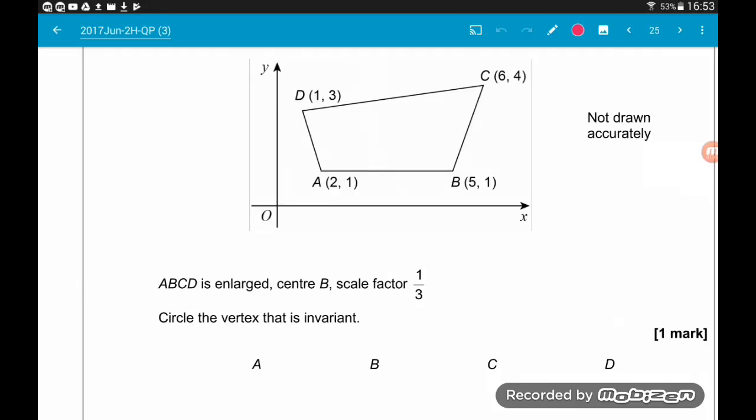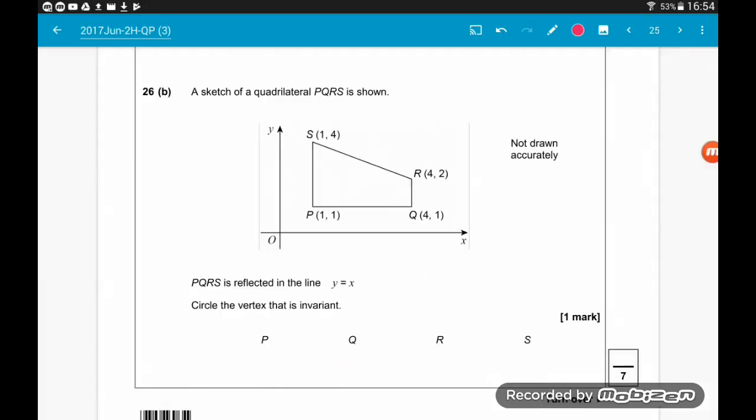So B is the invariant vertex. So B is our answer to part A.